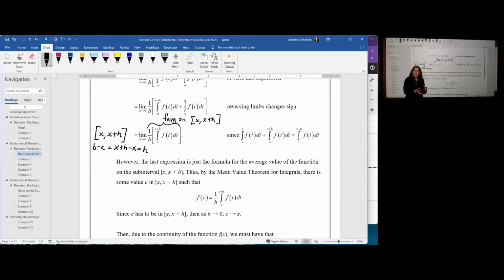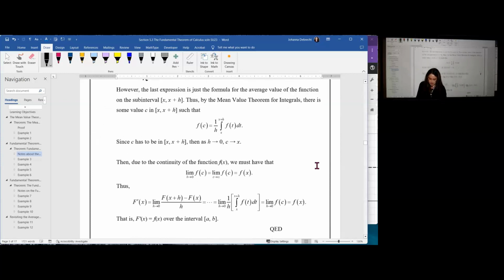Keep in mind that as h goes to 0, x plus h gets closer and closer to x. And since c is between those two values, c must also be getting closer to the value of x. As h goes to 0, c must approach x.